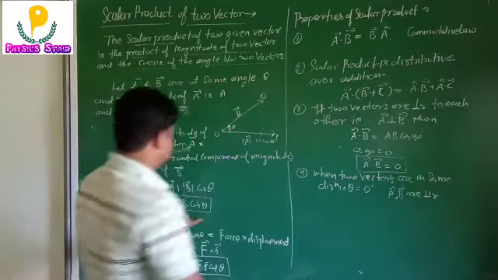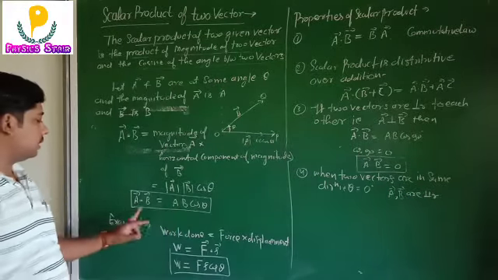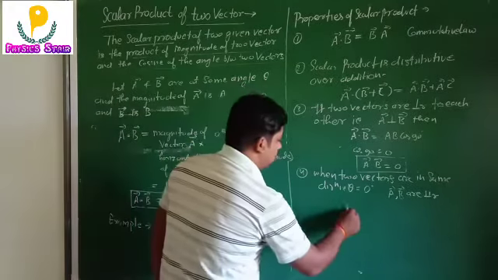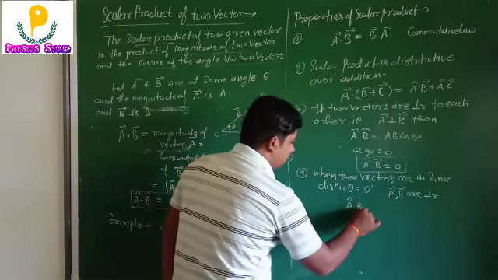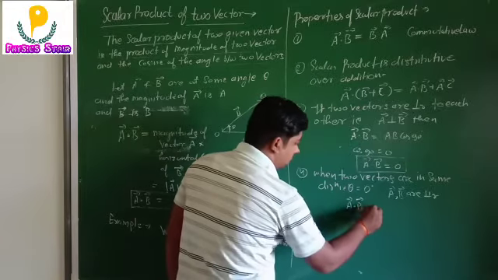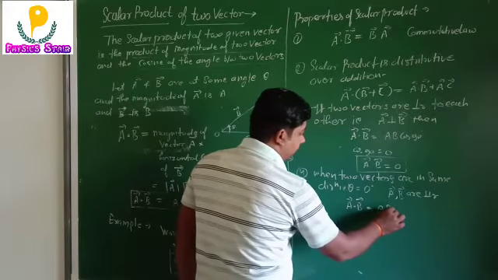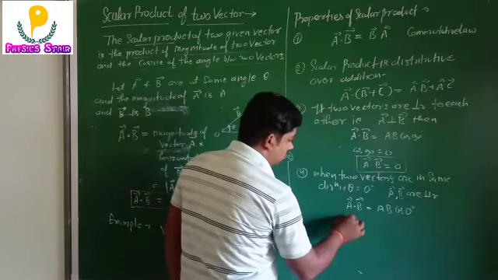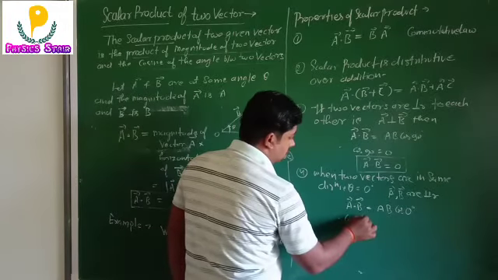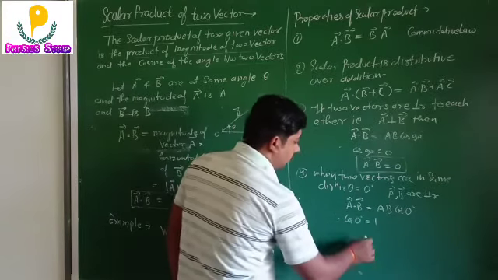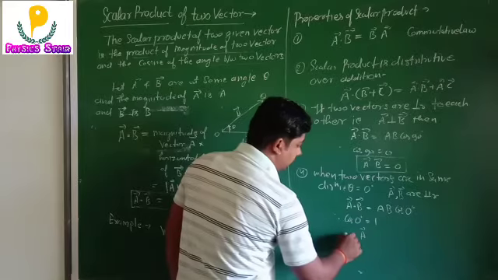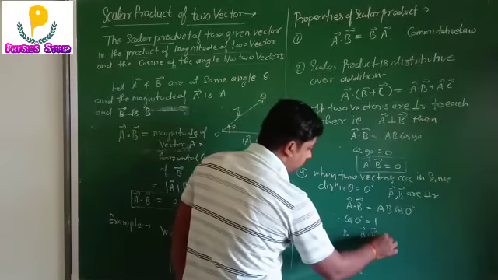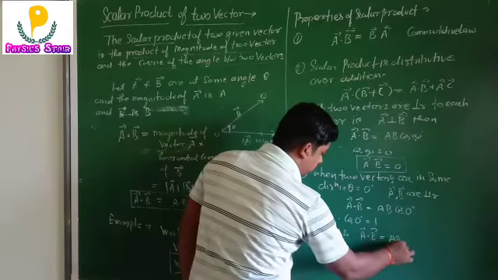From the equation A dot B is equal to AB cos theta, with theta equal to 0, vector A dot vector B is equal to AB cos 0 degrees. Since cos 0 degrees is equal to 1, vector A dot vector B is equal to AB.